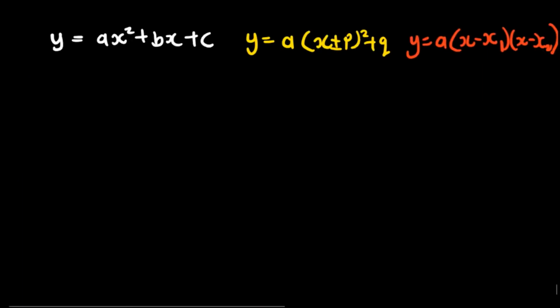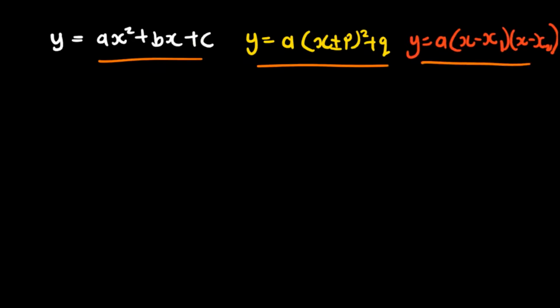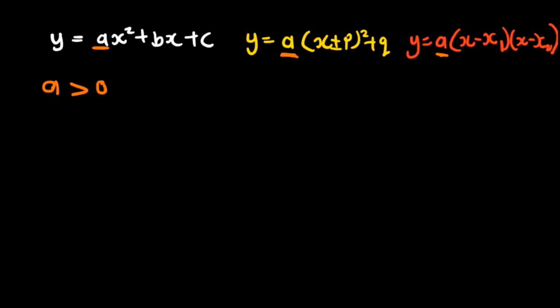So now that we know all three forms of equation of a parabola, we need to identify the graph by using this gradient here, which is the same as this and this one here. So if the a value, which is the gradient, is greater than 0, it means that it's positive.